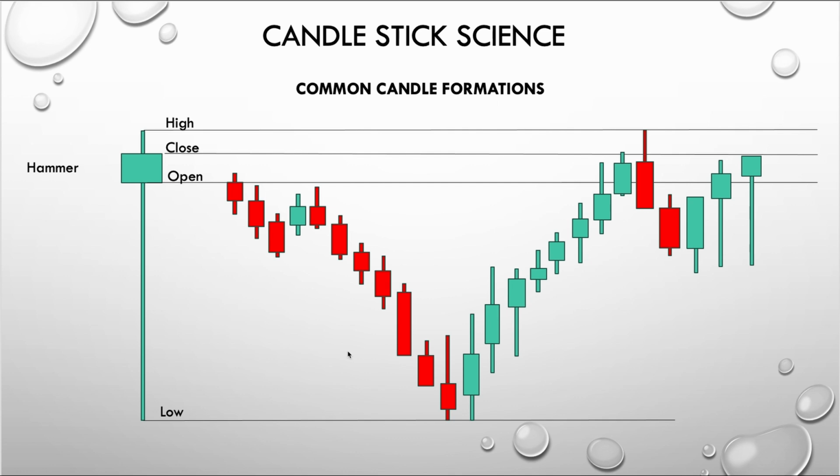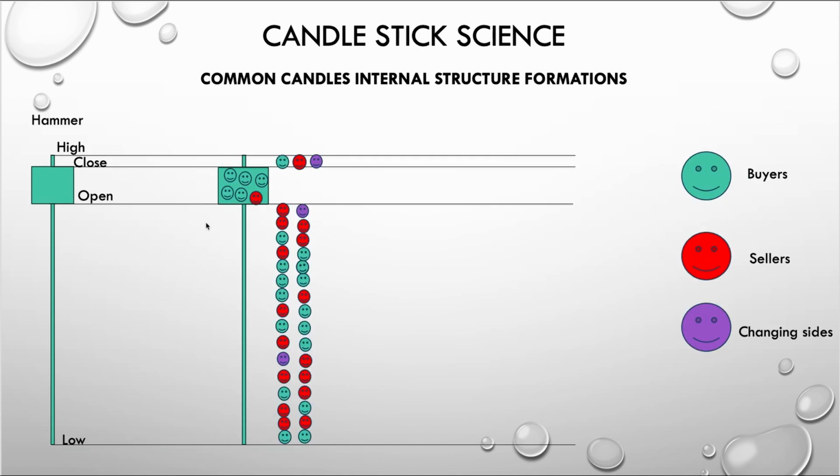All right, so let's look at its internal formation. Inside of its body, we have very many buyers compared to sellers. At the top there is a small wick, represented by just a few buyers and sellers trying to push the price up and down here. However, this purple face represents the buyers who turned into sellers to push the price down to create that rejection there.